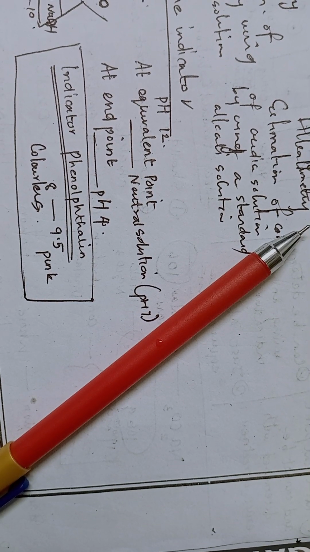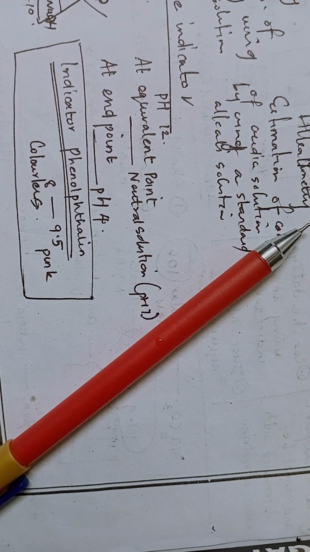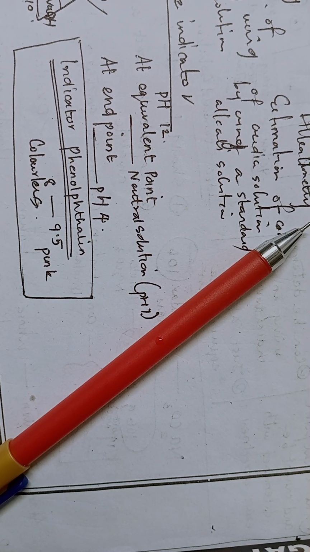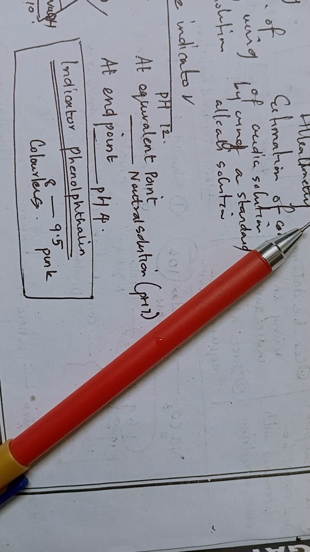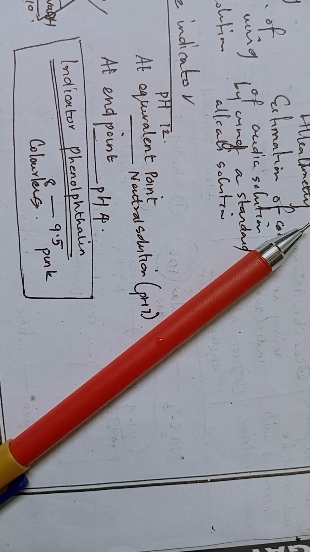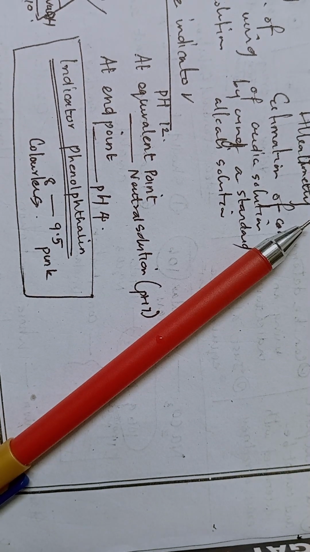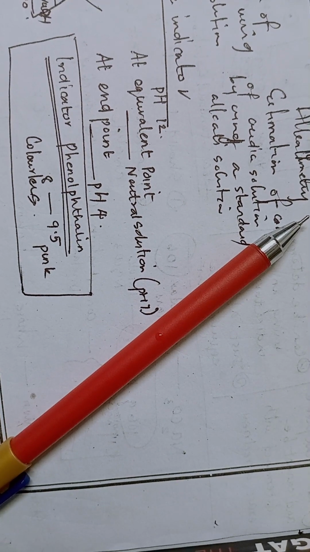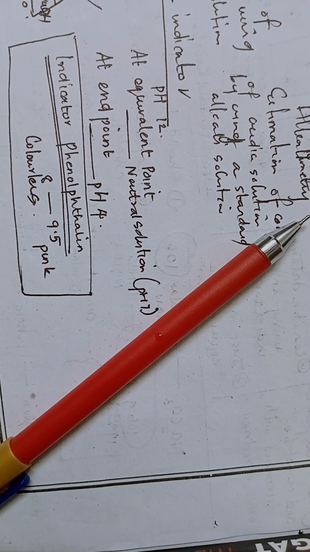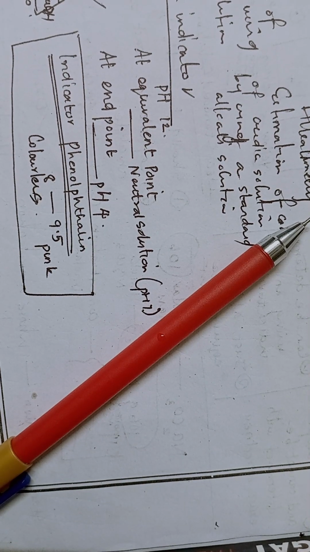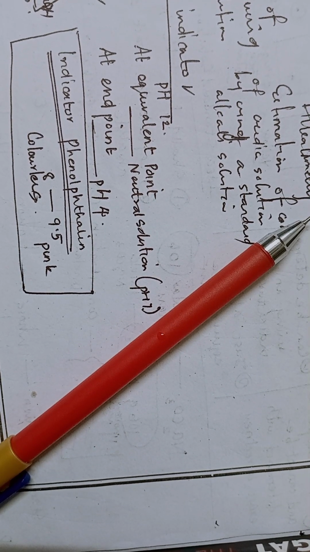If we take the indicator phenolphthalein, at pH 8 it is colorless, and when it shifts to 9.5 it is pink. The equivalent point is the point at which the molecules completely react with each other, and the end point is the very next point after the equivalent point.